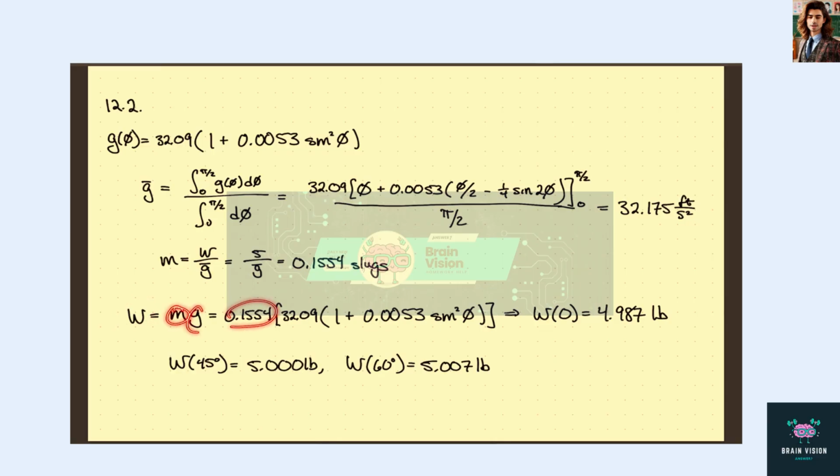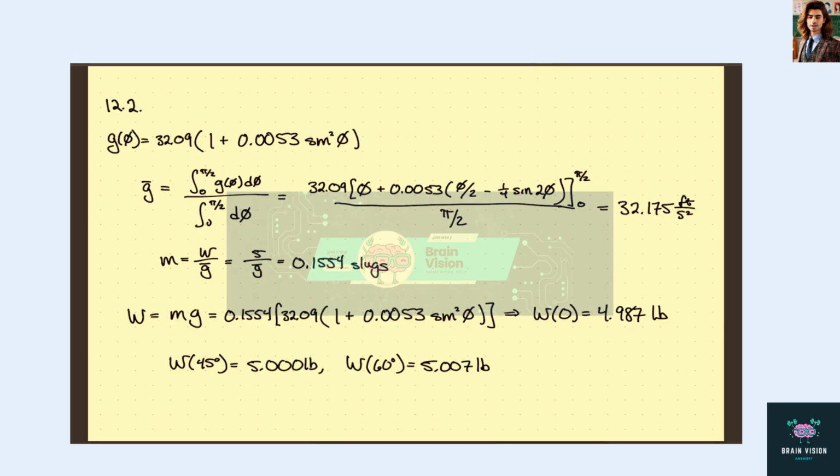So the weight is the mass times gravity, and now gravity is a function of phi. So we have the weight as a function of phi here. We can multiply this through, and then we can set phi equals 0, because that's the first value they asked for, the latitude of 0.